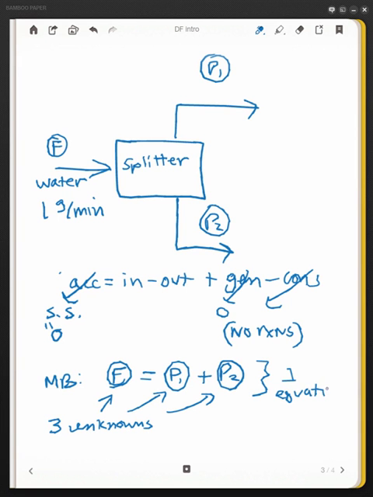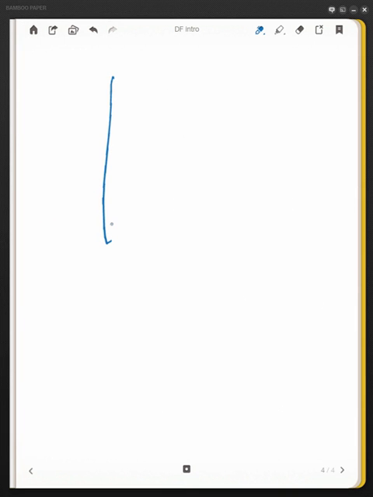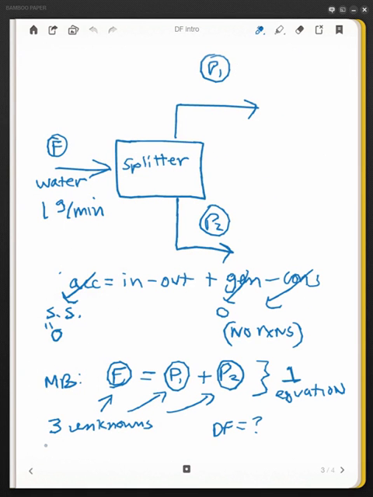So what is the degree of freedom for this one? Again, you can write it up like this, and we could just shorthand write unknowns. We have three. Independent mass balance equations, we have one. But we actually forgot one thing that we do know: we know that we have 1 gram per minute.